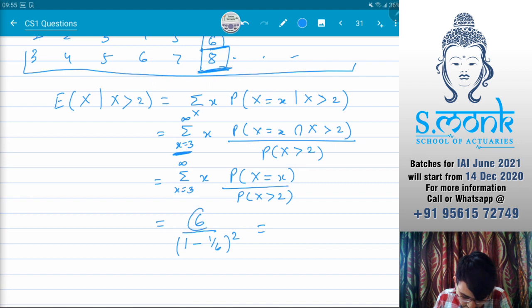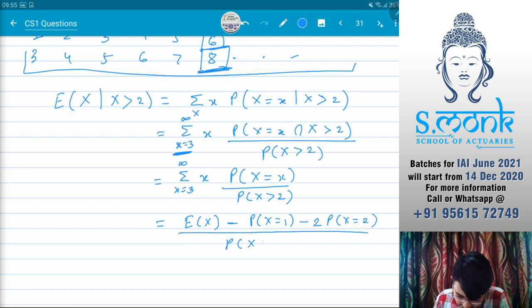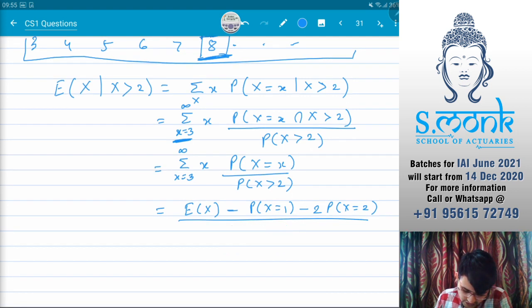Actually, I don't know if it is going to be 6. Whatever expected value we are going to get, we'll have to calculate here. So this is going to be nothing but our expected value of x minus, you can say x equals 1 and x equals 2. So we'll have probability of x equals 1 minus 2 times probability of x equals 2, divided by probability x greater than 2. You can do the same thing here as well: 1 minus probability x equals 1 minus probability x equals 2.